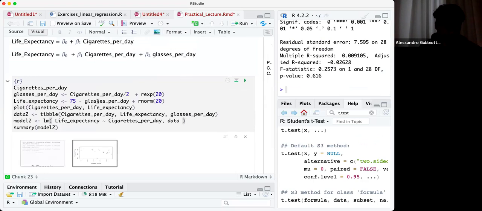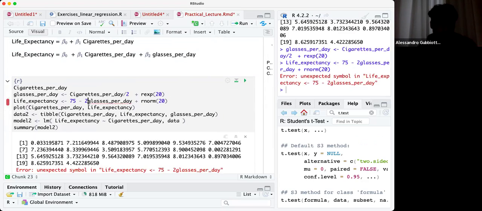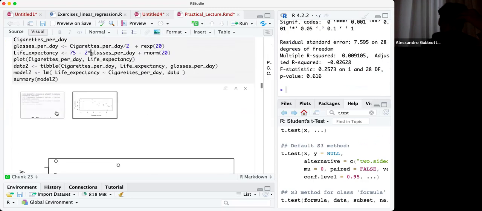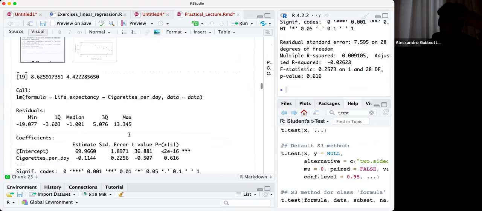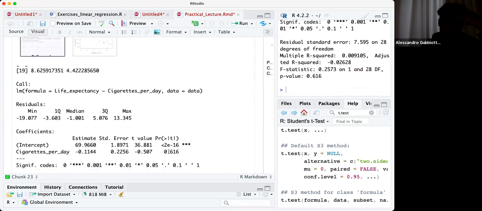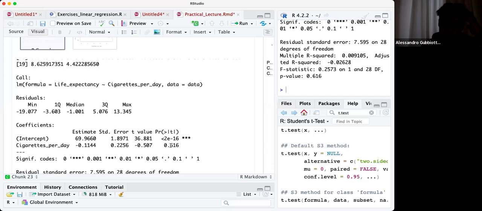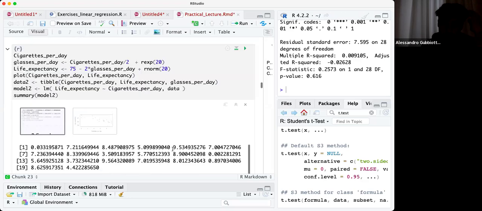Cigarettes per day should be significant, but not because of causality, but because of this confounding variable. So yes, we see that here we don't see that it is significant. The p-value is not really significant.